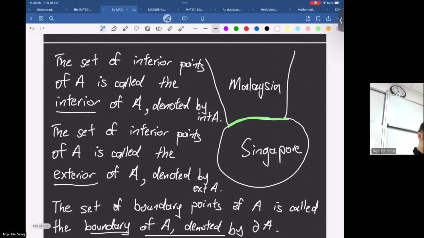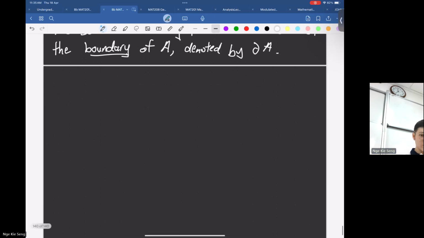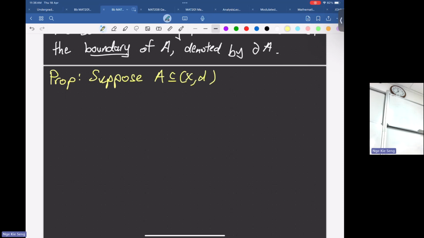Next we will study the relation between these points. Let's suppose a subset A in our metric space. What do you expect about these three sets of points? Three disjoint, sure.